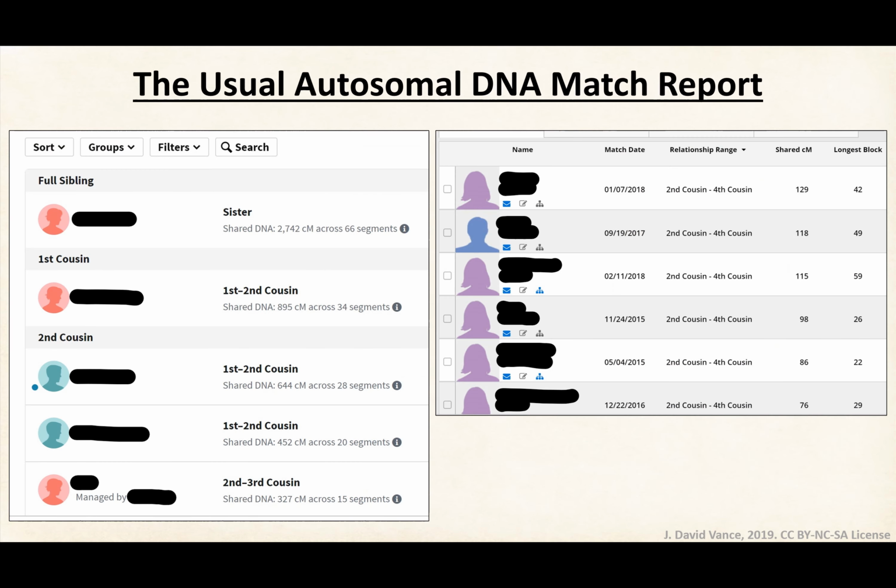If I look at the match reports, this is the kind of match report that we got, in fact, for my daughter. It says she shares 2,700 centimorgans with this person, so that's obviously a full sister. She has a possible first or second cousin in the system that shares the amount of DNA that's necessary for either of those relationships.